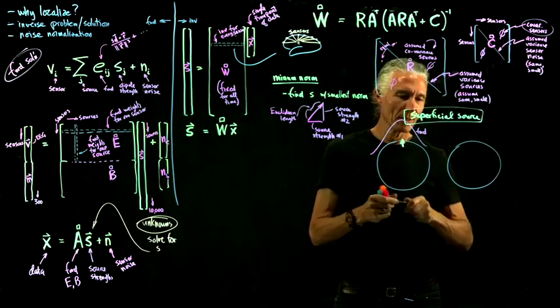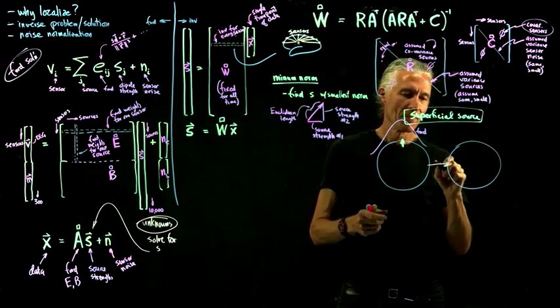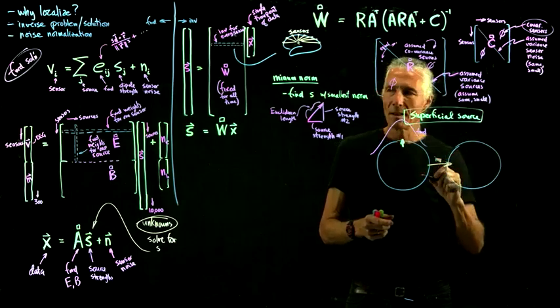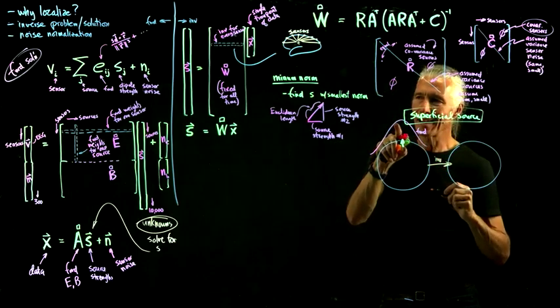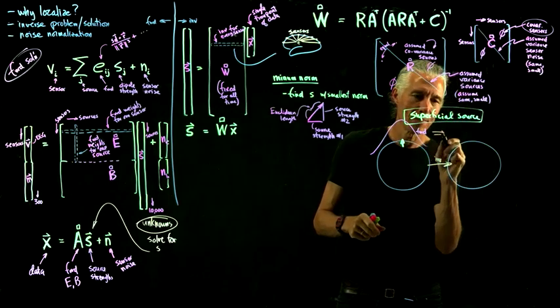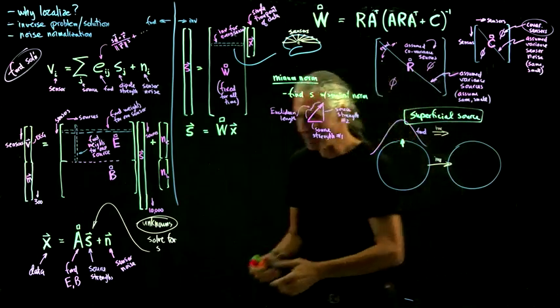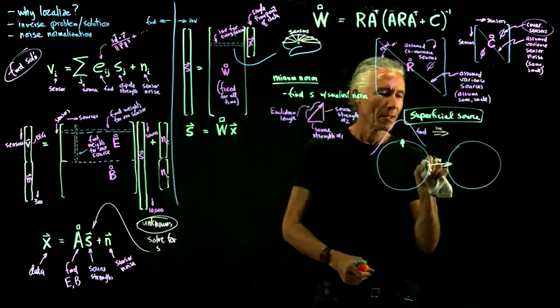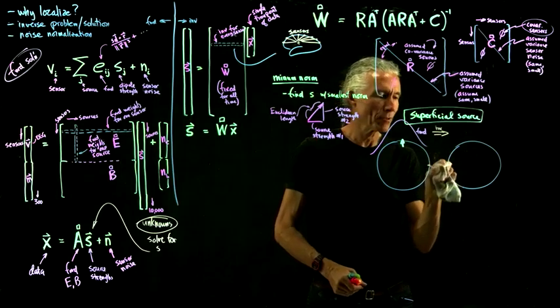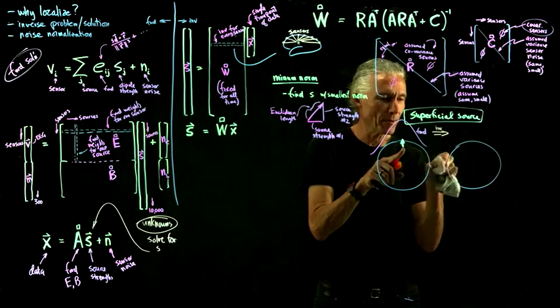So calculate the inverse, take that data that we calculated, run it through the inverse, and just see what the inverse solution tells us about where the sources are. We know where the source was. We put it here, but where did it end up after we ran it through the inverse?